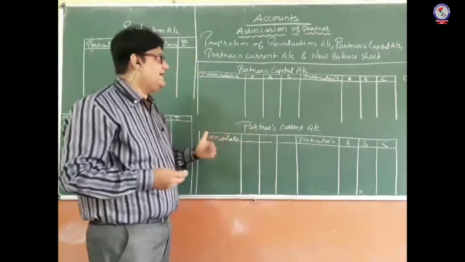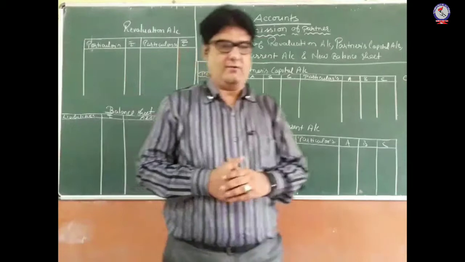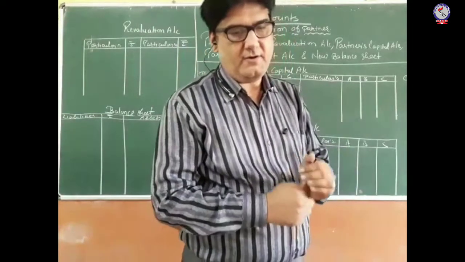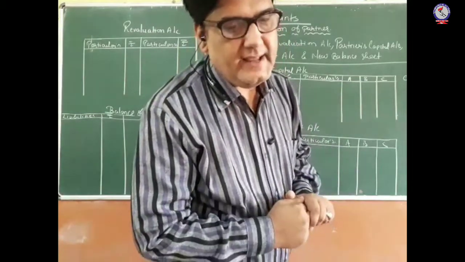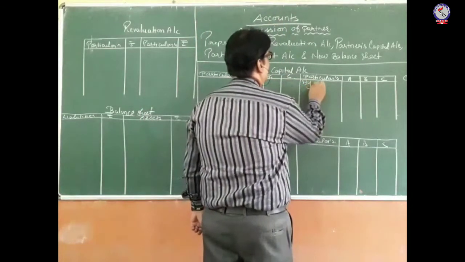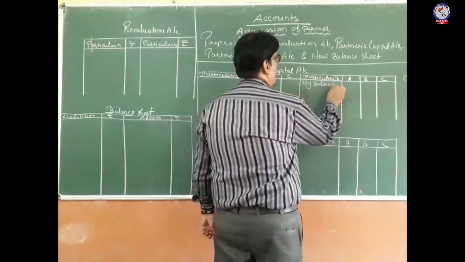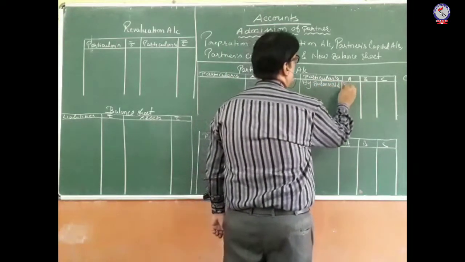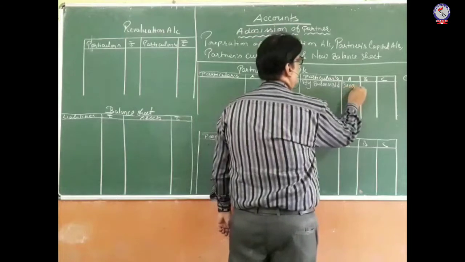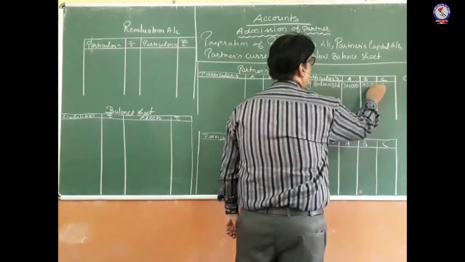So the entries like the balances of the capital account and the current account. The balances of capital account of A and B were 3 lakh and 1,50,000 respectively. By balance b/d 3 lakh and 1,50,000 respectively.